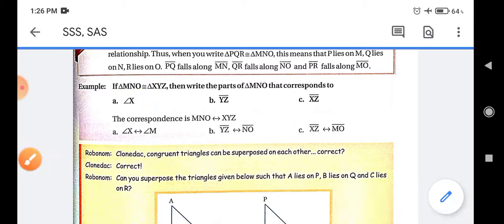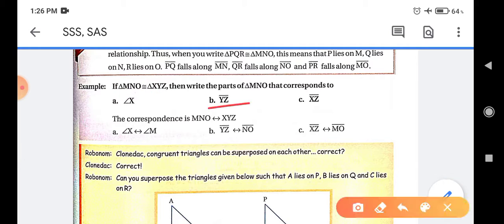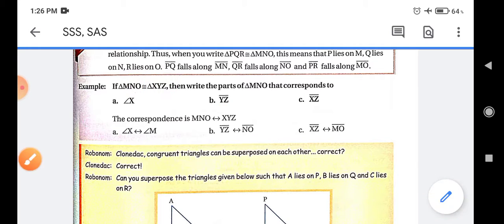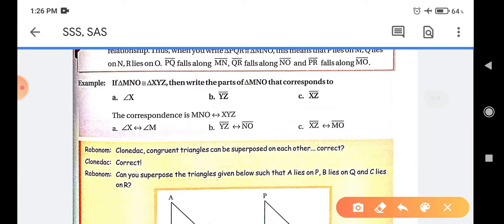Here the last two letters are YZ, so we take the last two letters of the other triangle: NO and YZ correspond to each other. Similarly, XZ corresponds to MO. So this is the correspondence.